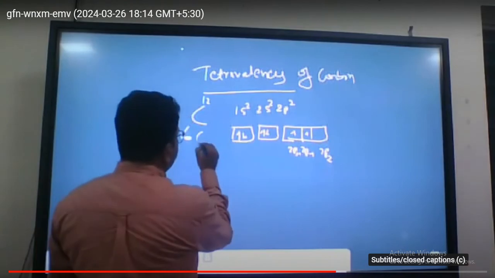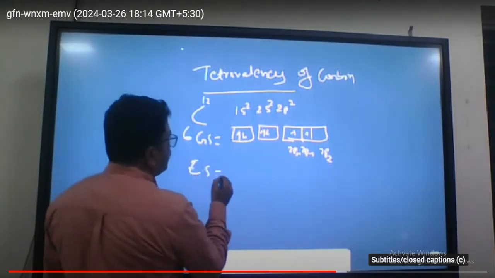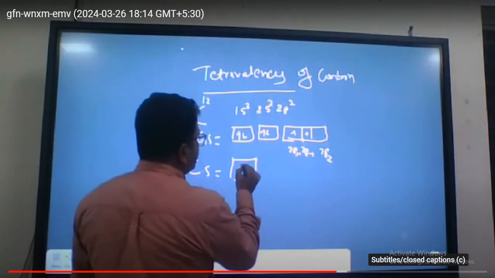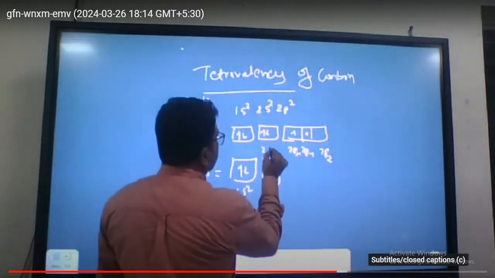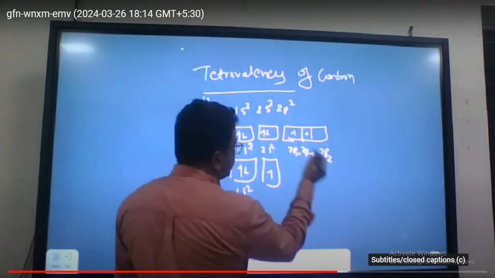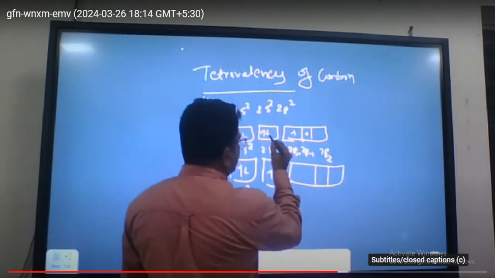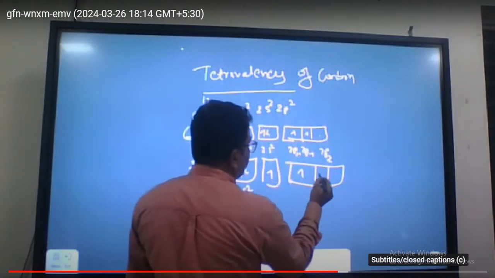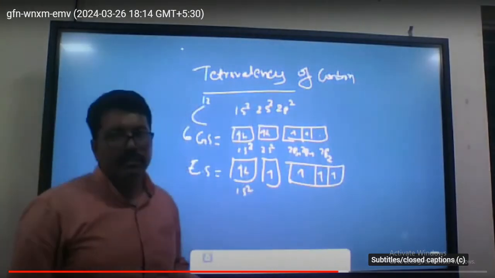In the excited state, what happens? One of the electrons from 2s is excited to the empty 2p orbital. This is called the excited state.